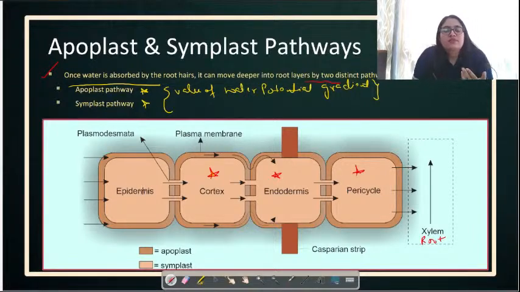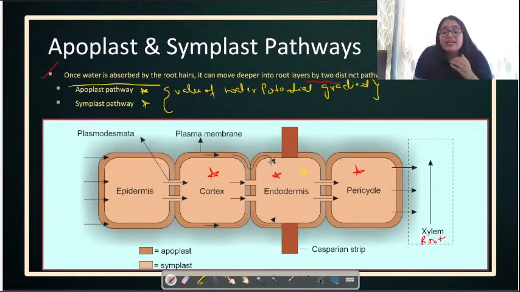And then there are several other conditions as well. For example, when I talk about endodermis, this endodermis has a layer or a strip of suberin on its radial and tangential walls, which does not allow water to cross these cells present in the endodermis with the help of apoplast.